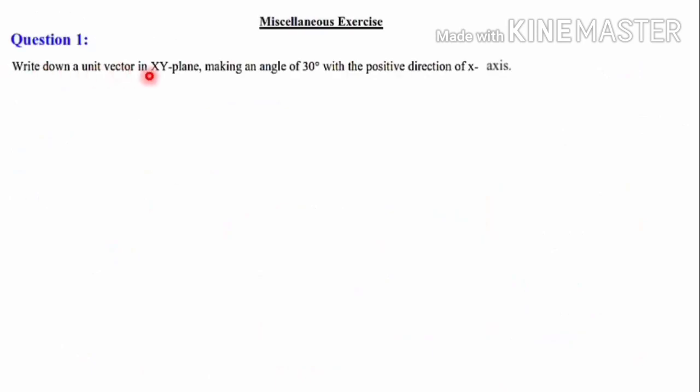Move on to the miscellaneous exercise questions. First question: write down a unit vector in the xy plane making an angle of 30 degrees with the positive direction of the x-axis. This is the question we have discussed just before, the general form of a unit vector in the xy plane, that is vector A is equal to cos theta into i plus sine theta into j.